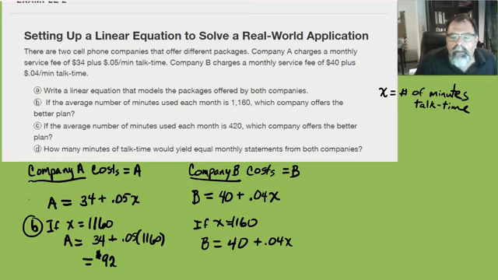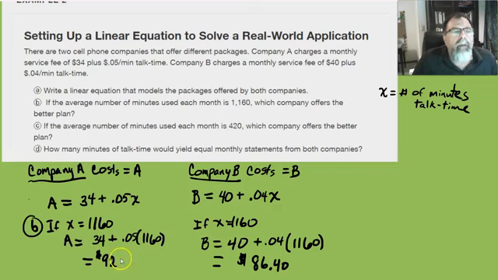We take x out, substitute in 1160, punch that into our calculator, and we get 86.4, so $86.40. So you can see Company B would be the cheaper one to answer that one. All right, moving on to C.